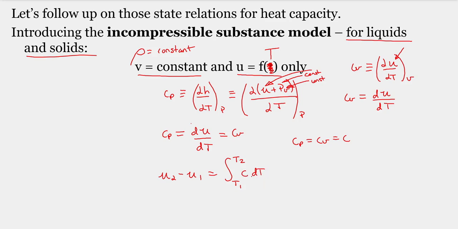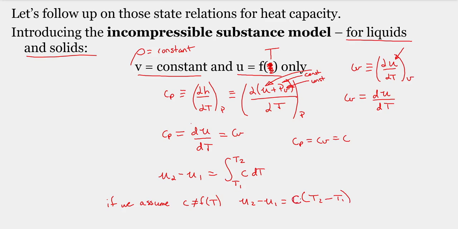If we assume that the specific heat is constant, that C is not a function of temperature, then we can make the even further simplification that the change in the internal energy is simply given by the product of the change in the temperature of the states and the specific heat.